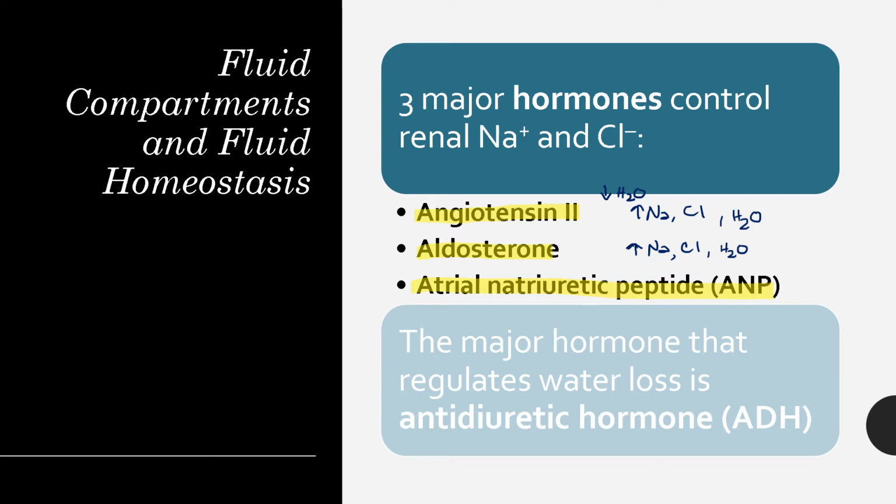Now, on the other hand, if we have excess water, this is going to cause an increase in blood volume. This might occur after you have a supersized drink or something like that. We have an increase in blood volume, and this is going to cause the atria in your heart to stretch, and this is going to promote the release of ANP. Now, ANP promotes natriuresis.